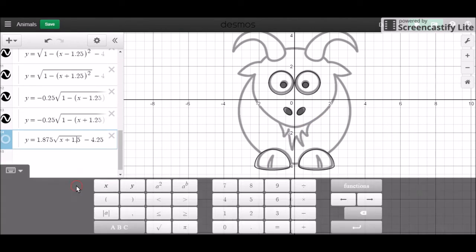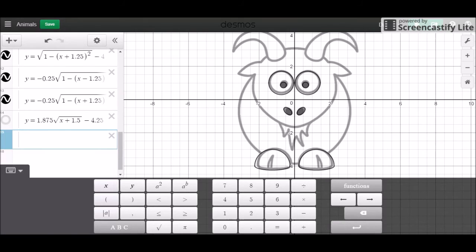Another line that we can use is a logarithmic graph. So we want to fit that shape. Log of square root of, oh, wait, no, just log of x plus 1.5. I'm going to shift it down. That's too much.